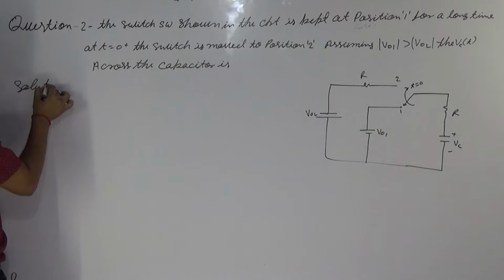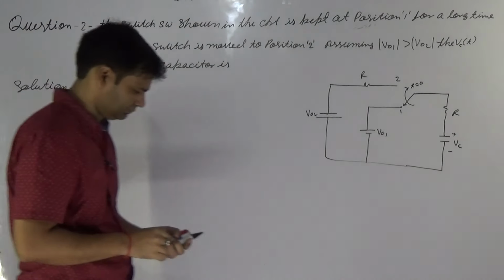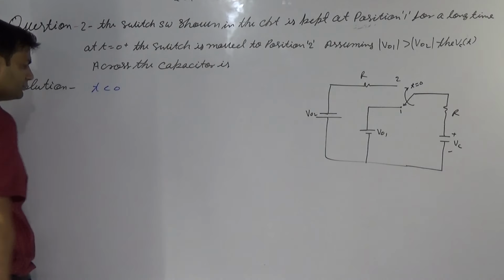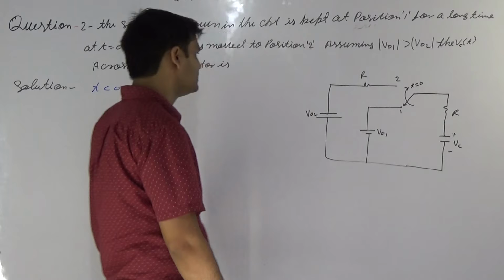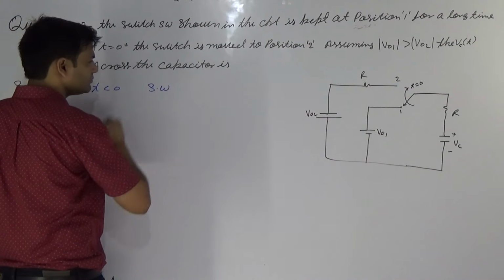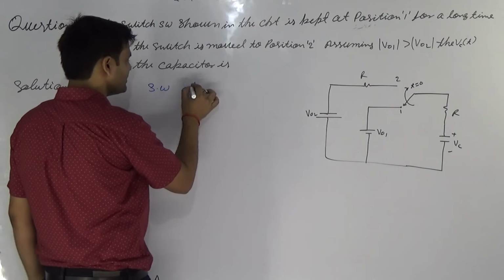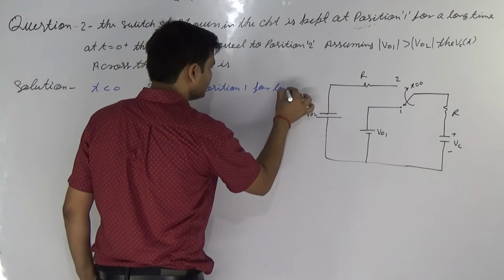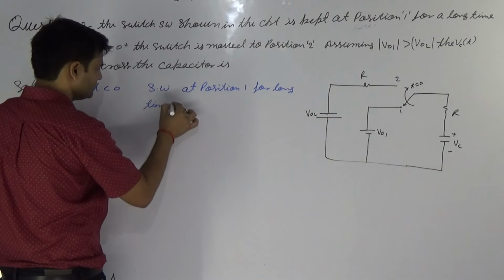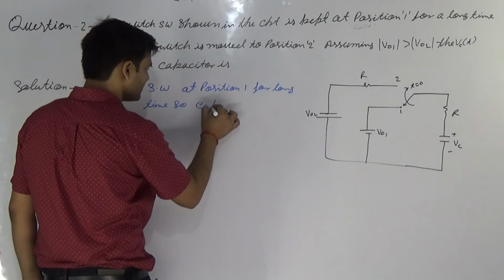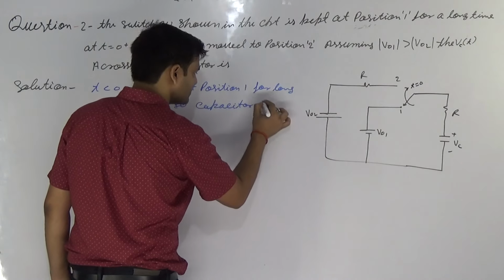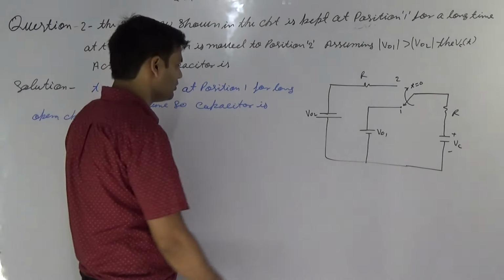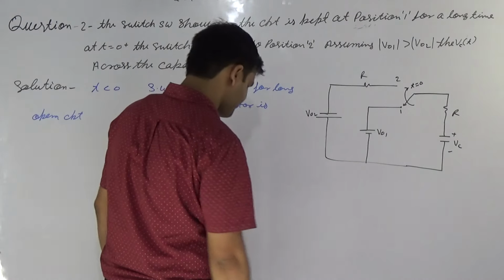Now the solution. At t less than 0, the switch is at position 1 for a long time, so the capacitor is open circuit, because the capacitor is at steady state.